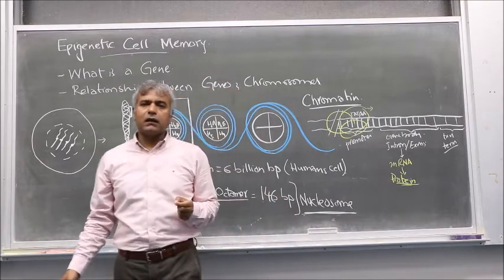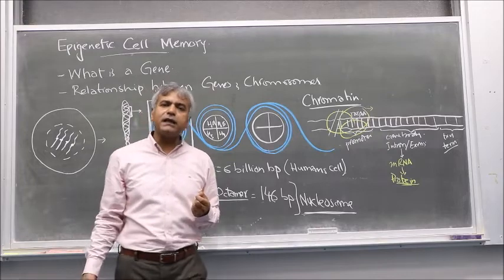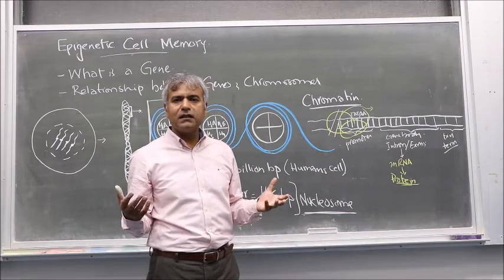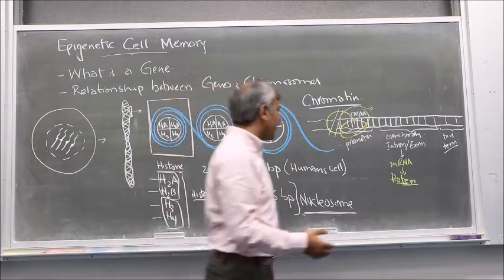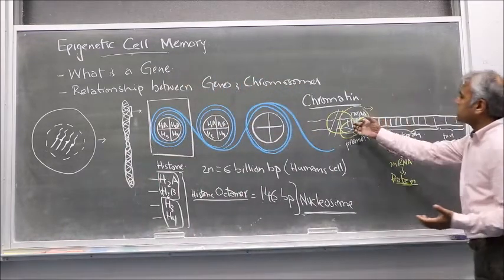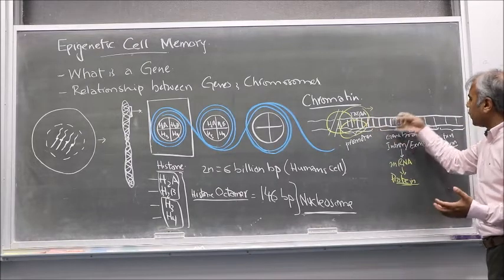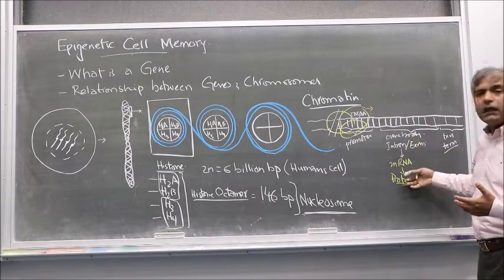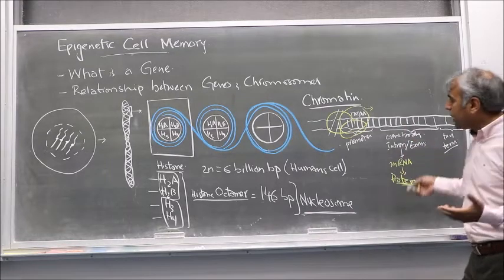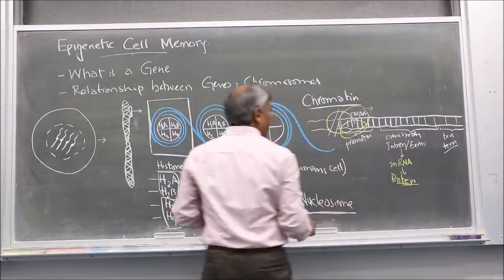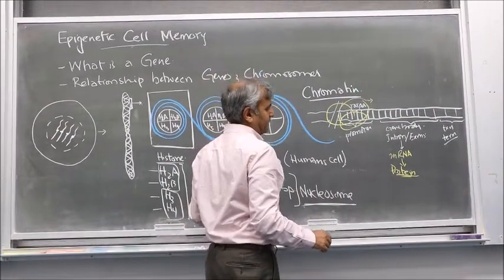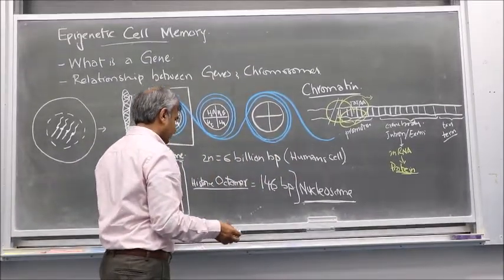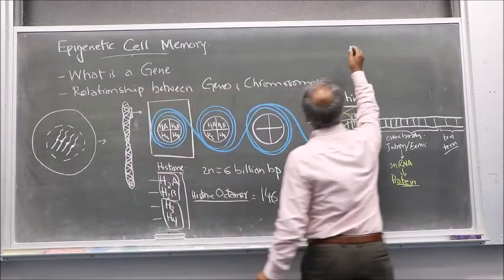But remember, not every DNA sequence in our genome is a protein coding sequence. And I give you an example. Not every gene looks like a TATA box followed by introns, exons, messenger RNA, and then a protein. There are genes which are called non-coding RNAs, non-coding genes as well. For example, I draw it here.